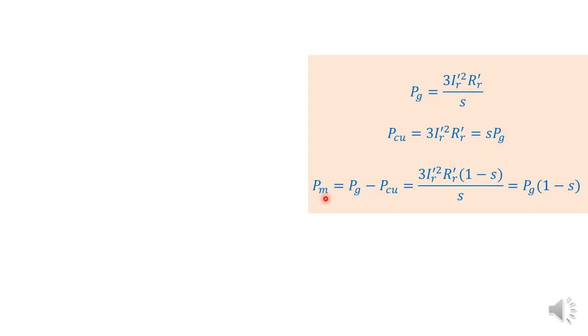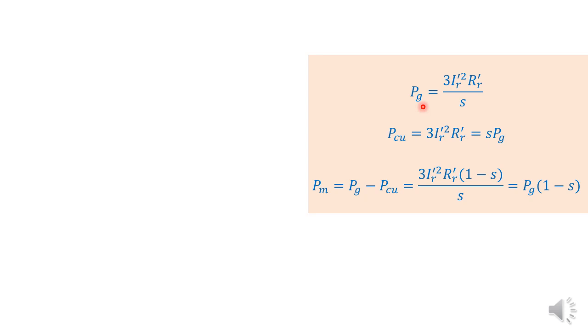And also, input power means the stator input power. From stator input power, there will be stator copper losses and iron losses. The remaining power will be air gap power. That means the stator input power minus the stator losses will give you the air gap power Pg.